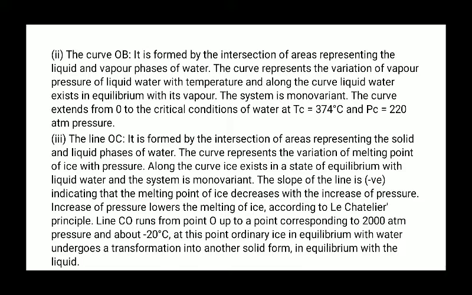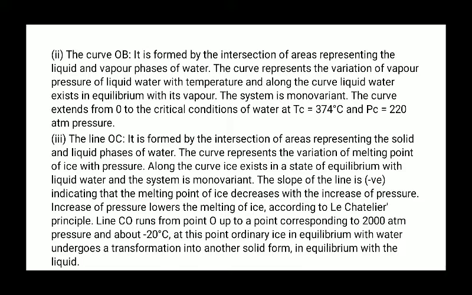The line OC is formed by the intersection of the areas representing the solid and liquid phases of water. The curve represents the variation of melting point of ice with pressure. Along the curve, ice exists in equilibrium with liquid water and the system is monovariant. The slope of the line is negative, indicating that the melting point of ice decreases with increase of pressure.